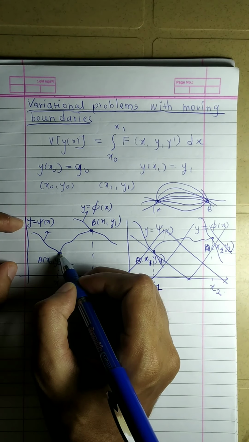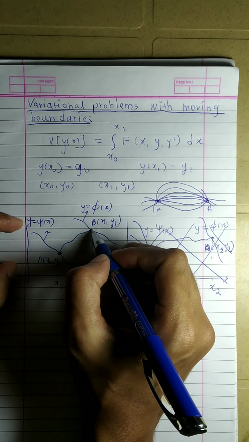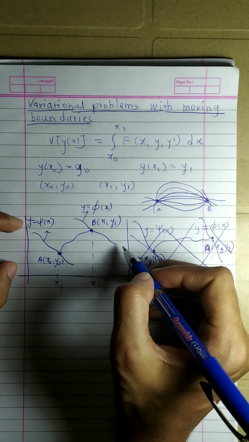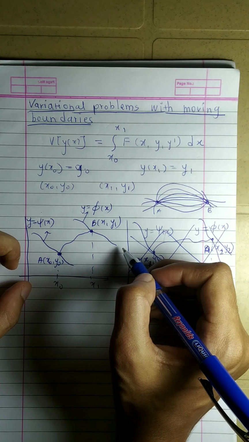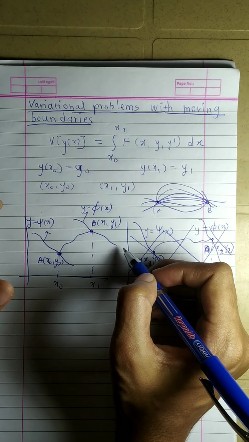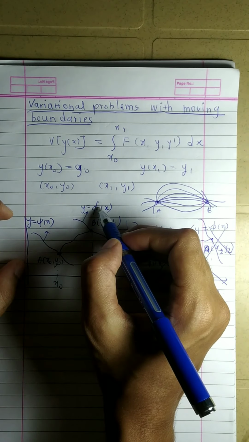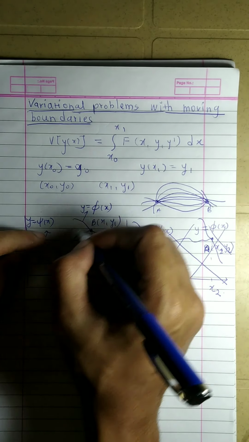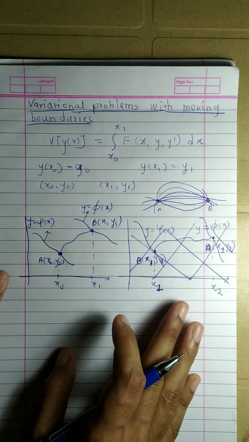The point A can move only along this curve and the point B can move only along this curve. So whatever is the extremal, that extremal will have its endpoints on the curves xi of x and phi of x.